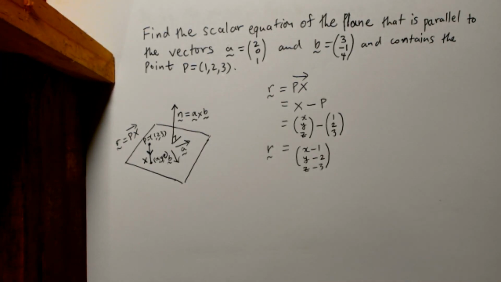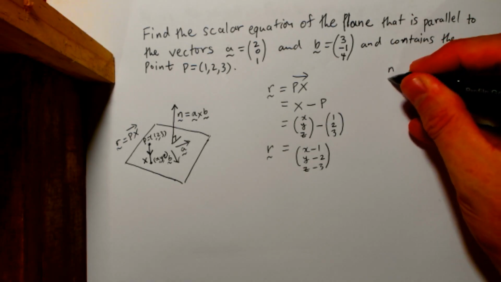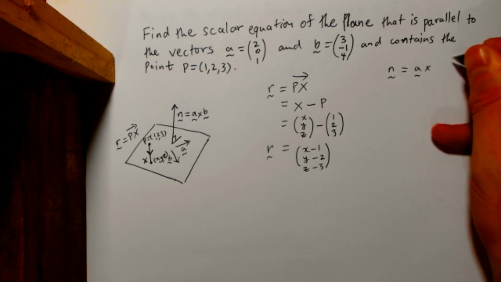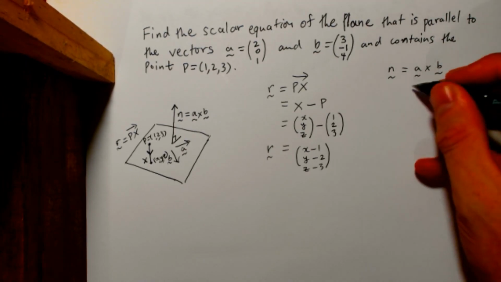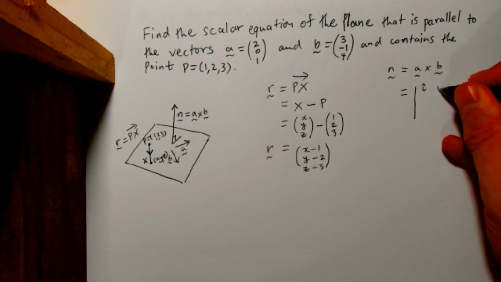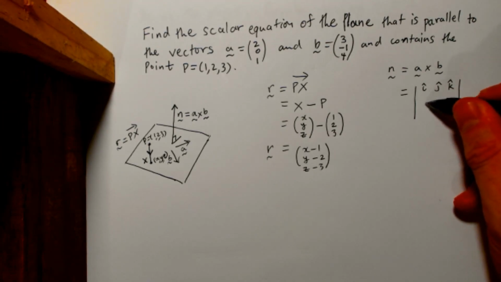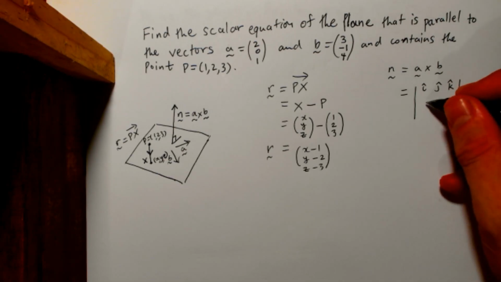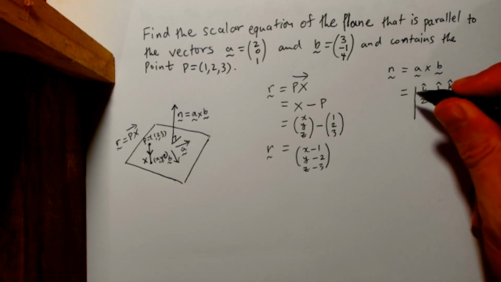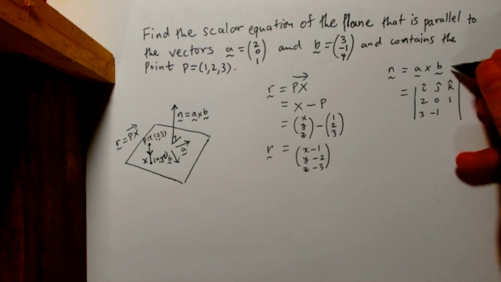Alright, now the cross product of A and B is perpendicular to both the vectors A and B. And so let's calculate this cross product. Remember, we put i, j, and k, and then we write A as a row there in the second row. So 2, 0, 1, and then B as a row in the third row because it comes second there.